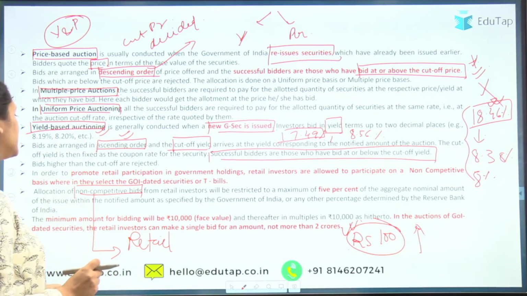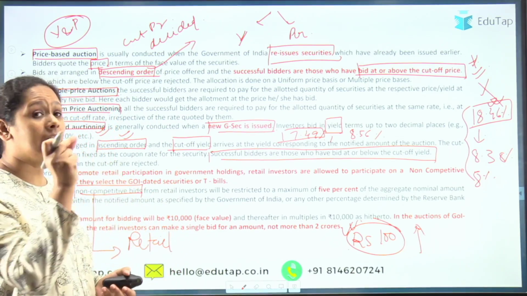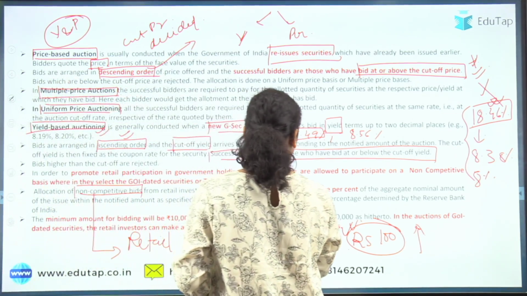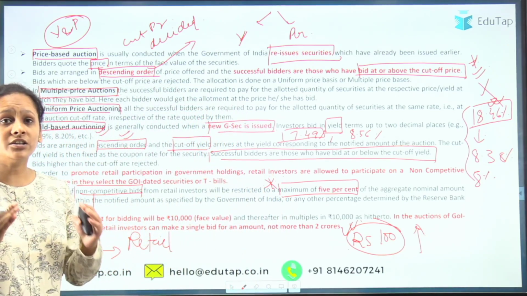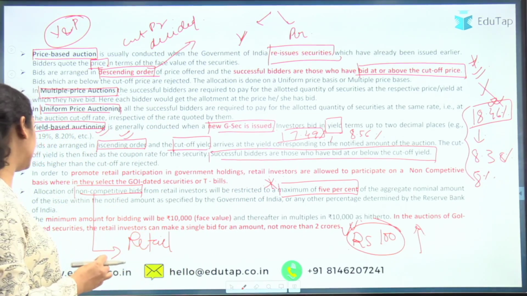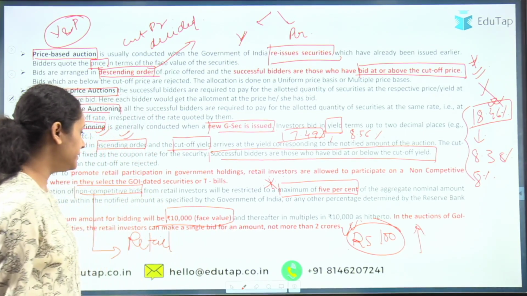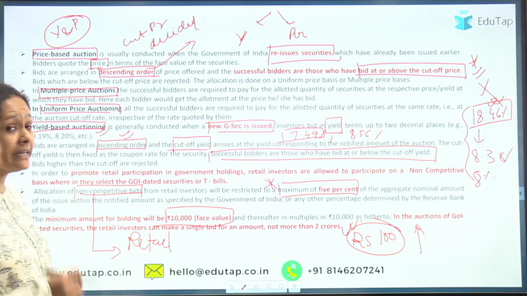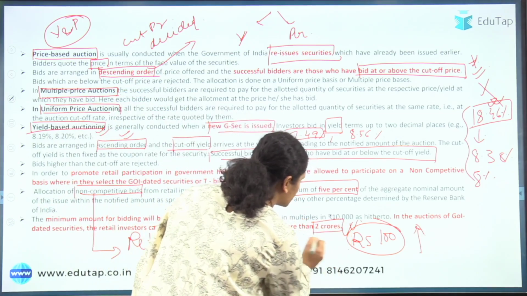अब एक चीज याद रखना दैट द हाउ मच अमाउंट कैन द रिटेल इन्वेस्टर इन्वेस्ट. सी, द अमाउंट इज रेस्ट्रिक्टेड अप टू मैक्सिमम ऑफ 5%, ठीक है. 5% पे the amount is restricted. किसका? of the nominal amount of the issue, मतलब total issue का 5% ही नॉन कॉम्पिटिटिव बिड्स में जा सकता है, ठीक है. एंड व्हाट इज द मिनिमम अमाउंट? द मिनिमम अमाउंट इज 10,000, ठीक है. एंड द मैक्सिमम वैल्यू विच द इंडिविजुअल रिटेल इन्वेस्टर कैन इन्वेस्ट इन अ सिंगल टर्म शुड नॉट बी मोर देन 2 crores. याद रखना, ठीक है.